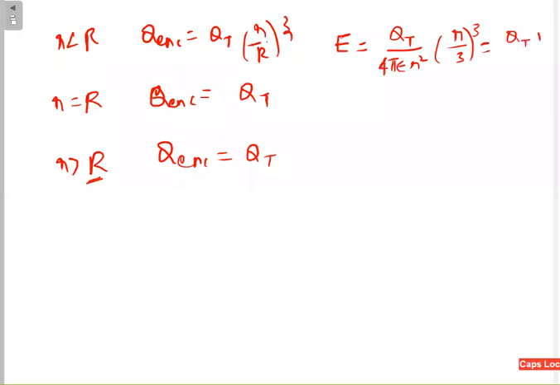QT small r divided by 4 pi epsilon capital R cube. Okay, this is the answer.